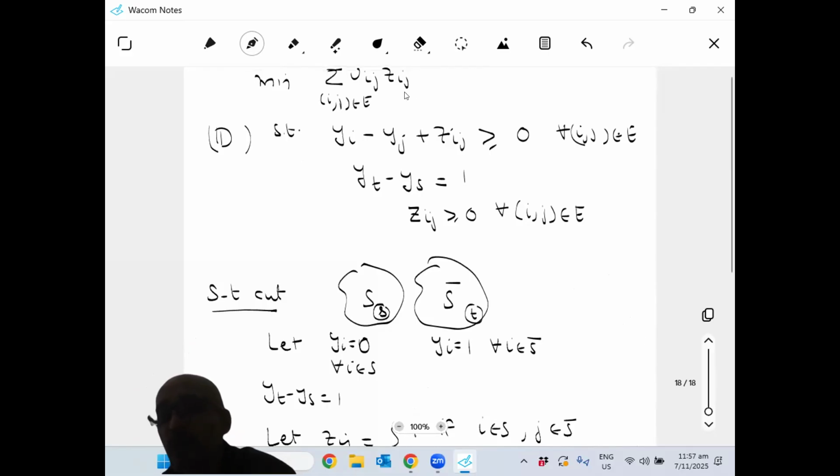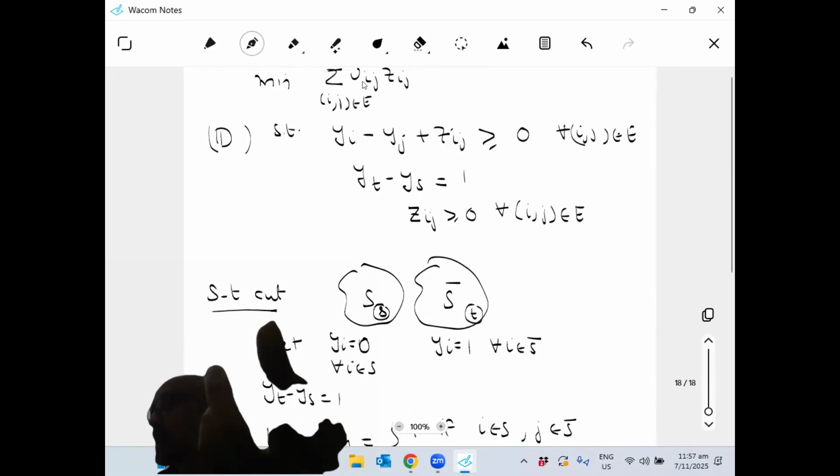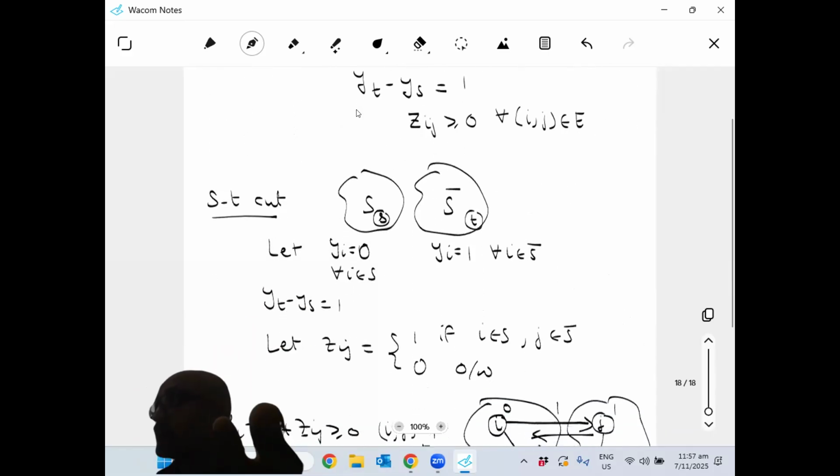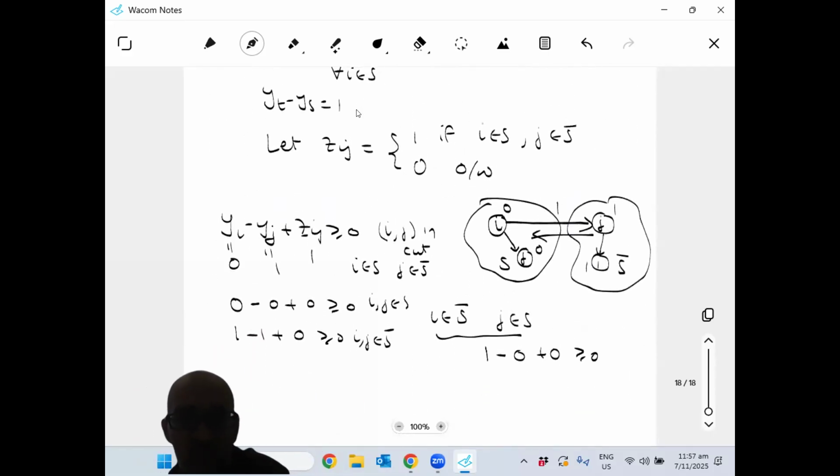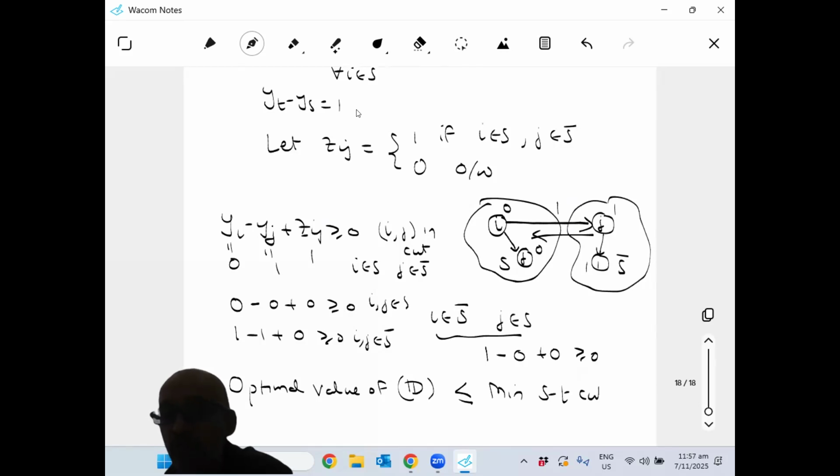If zij is 1, it's part of the cut, and I pick up the capacity Uij. So what does this mean? The optimal value of the dual has to be less than or equal to the minimum ST cut. This has to be the case, right?